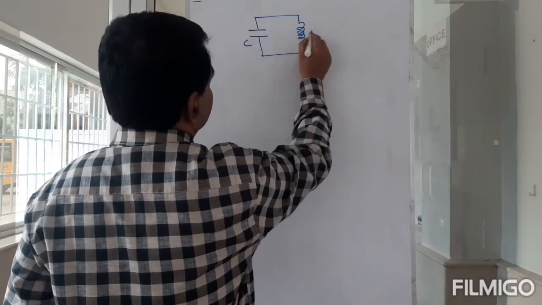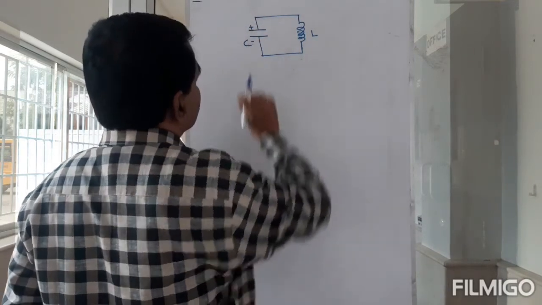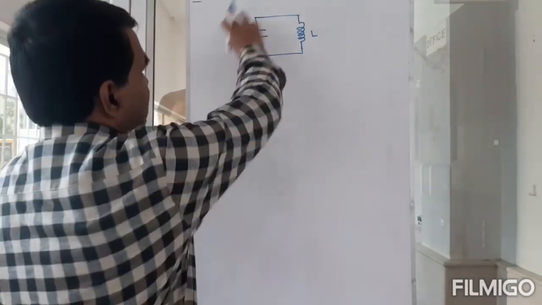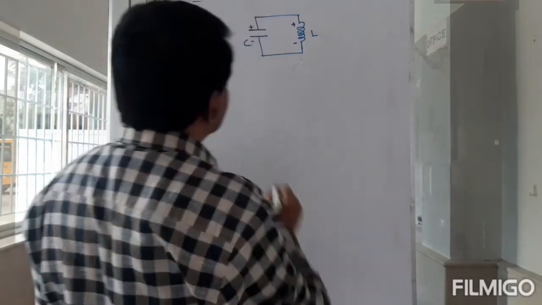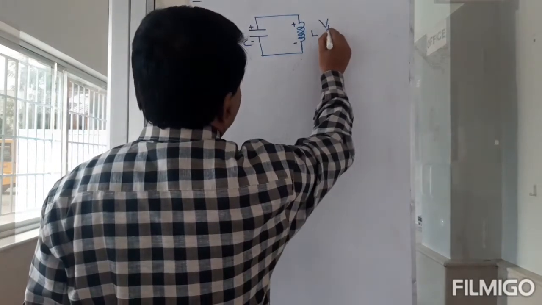And suppose this is charged positively. So the voltage is positive here, negative here. So as per Kirchhoff's law, this has to balance, so this will be positive and this will be negative. So I'll call this VC, and then I'll call this VL.